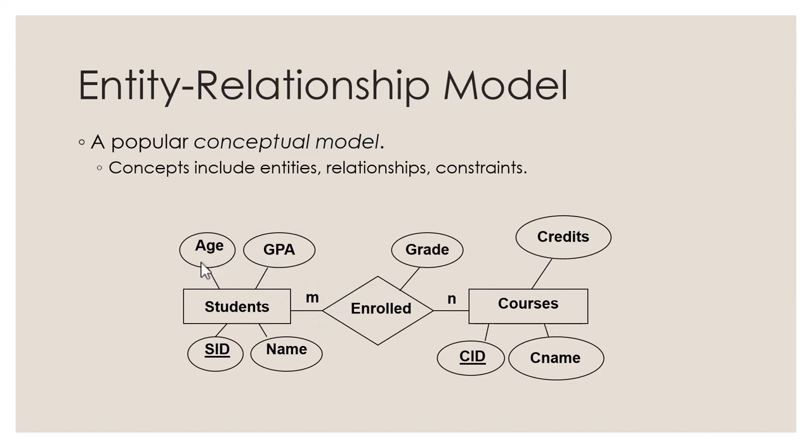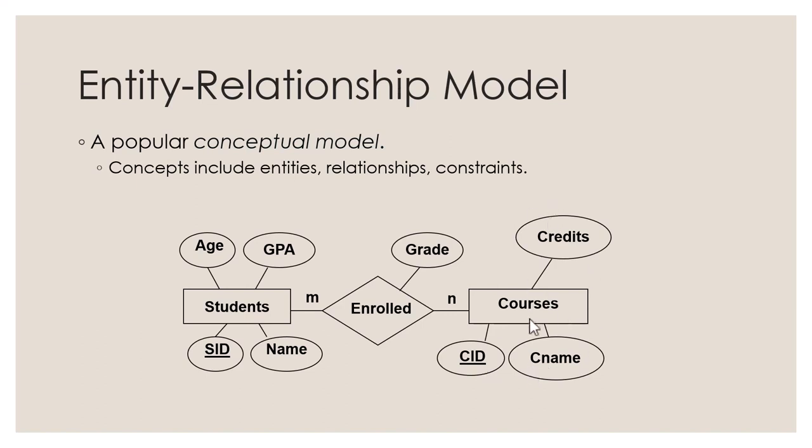Here we have attributes in oval shape: age, GPA, student ID, and name. These ovals are connected to the students entity set, meaning these attributes are related to students. And over on the courses side, we have three attributes: credits, course ID, and course name.